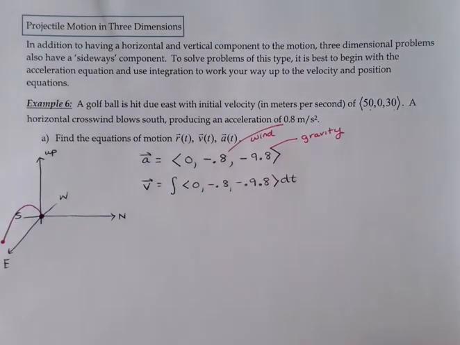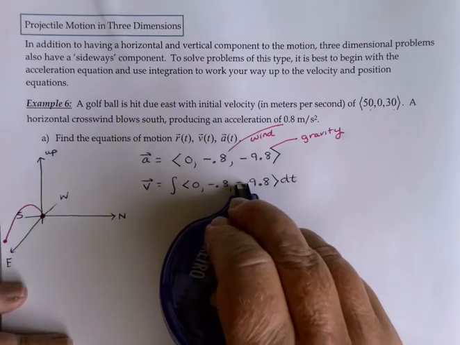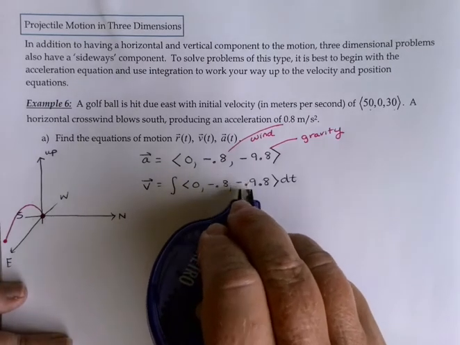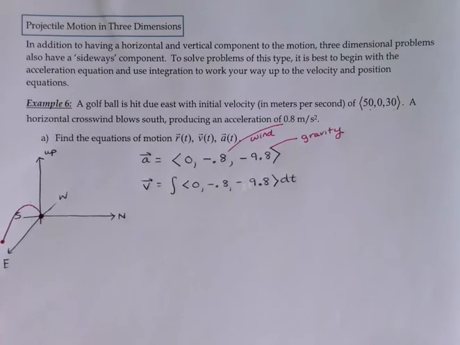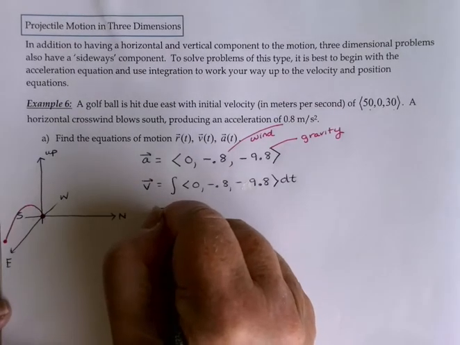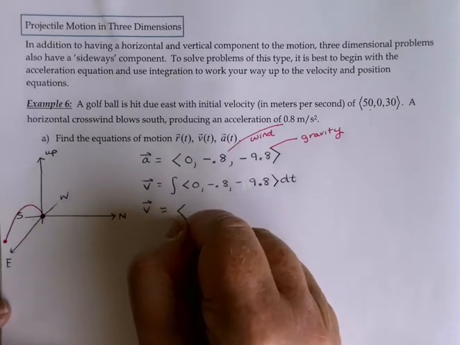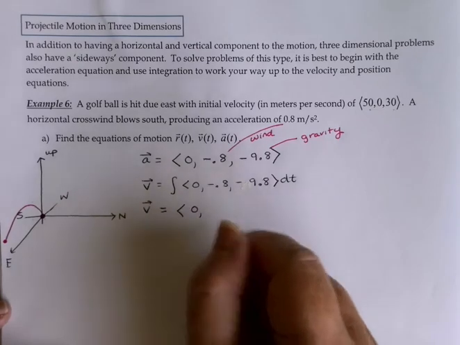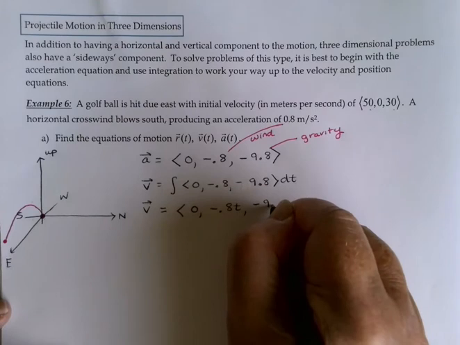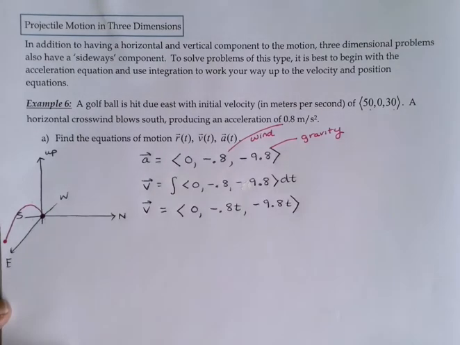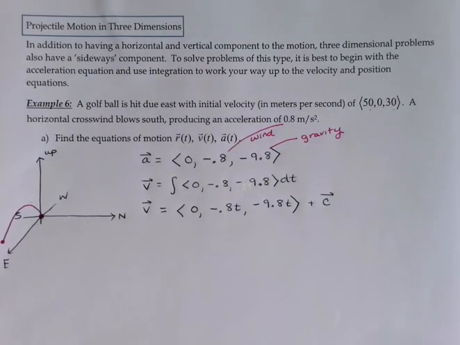Got an extra decimal place in there. Let's get rid of that extra decimal point. All right, and we'll integrate. Our velocity function then, when I integrate with respect to t, is the integral of 0 is still 0. I'll get a negative 0.8t for the y component and a negative 9.8t for the z component, plus my constant of integration.